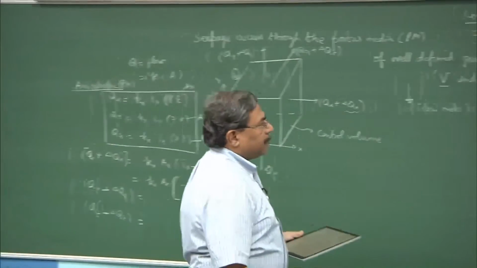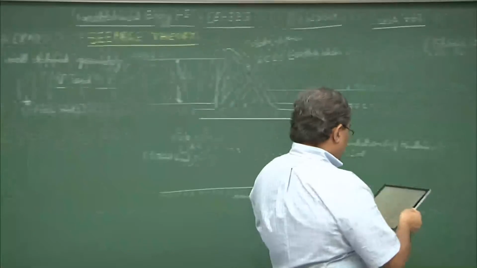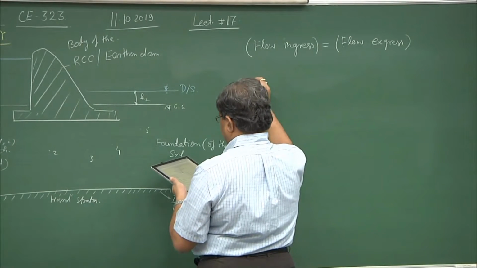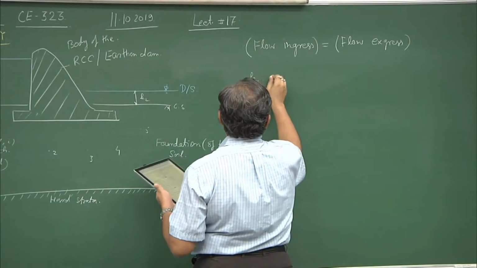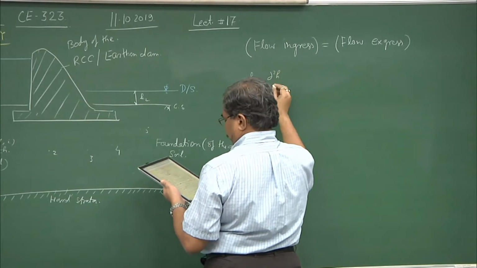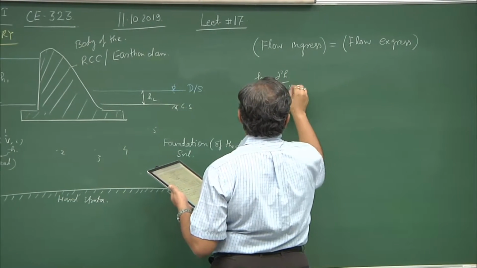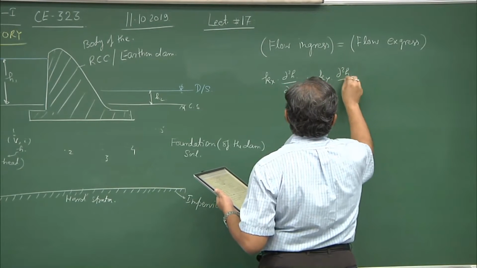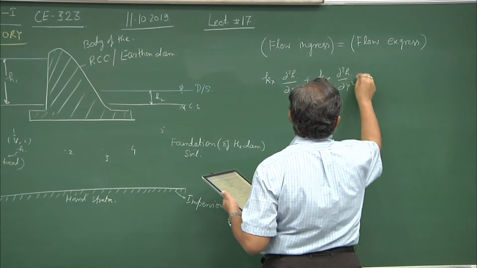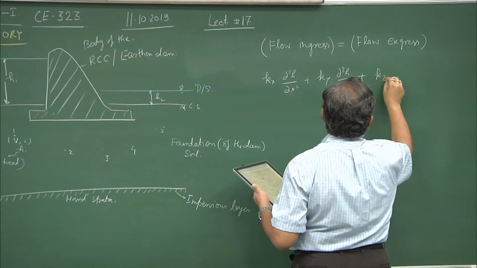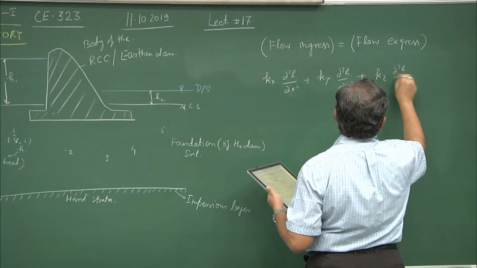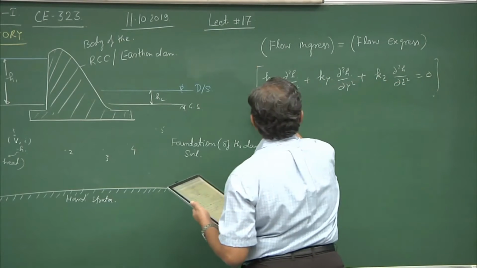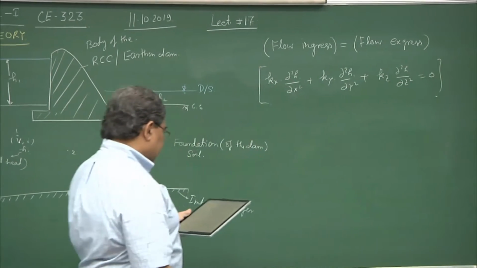So, I can skip some steps to save time, and what I will be getting is k x into del square h upon del x square plus k y del square h upon del y square plus k z del square h upon del z square equal to 0. Now, this is what is known as the Laplace equation.